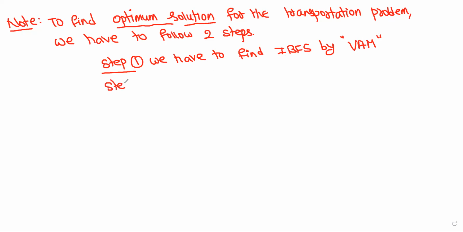Step two, optimality test. To find optimality test, we have two methods.